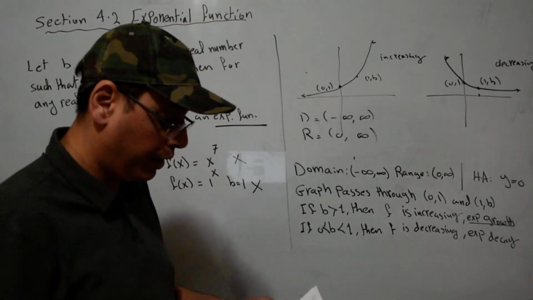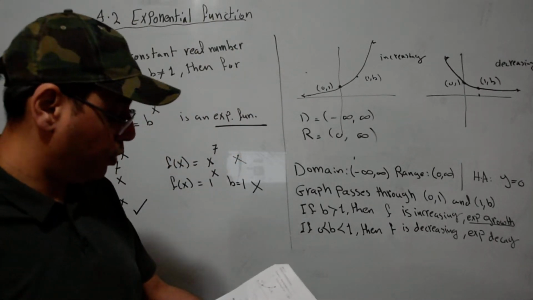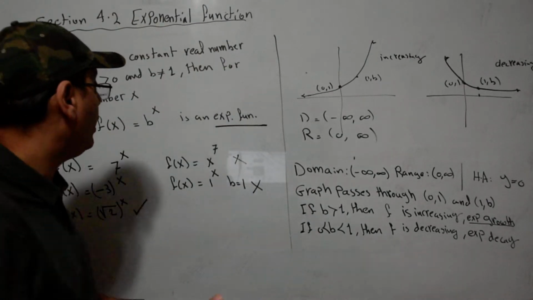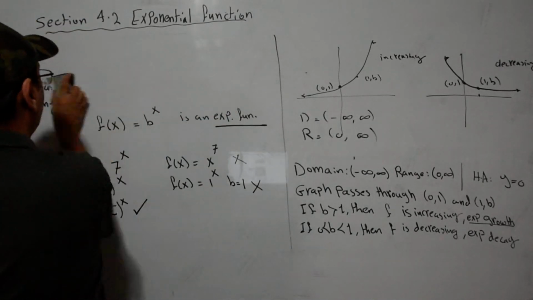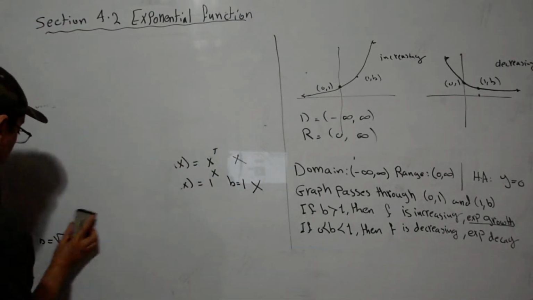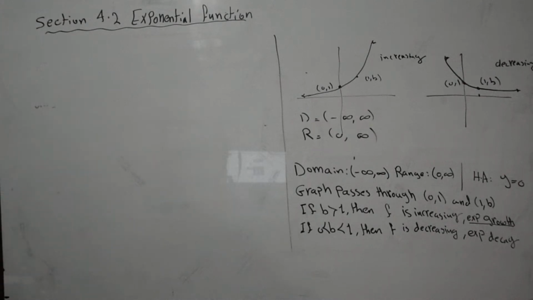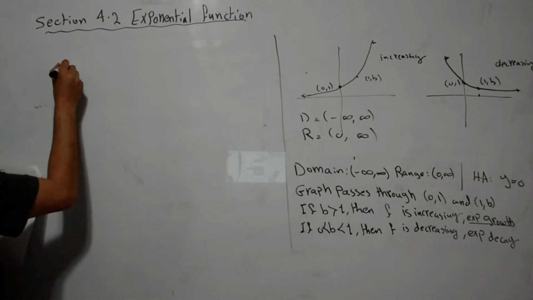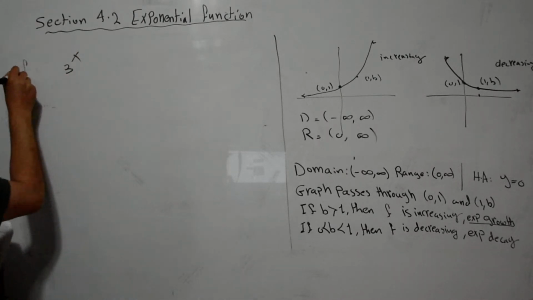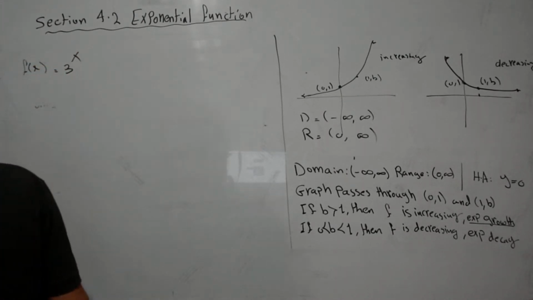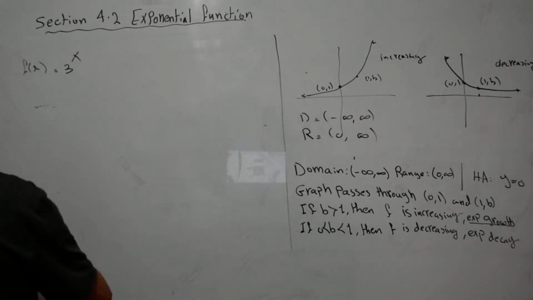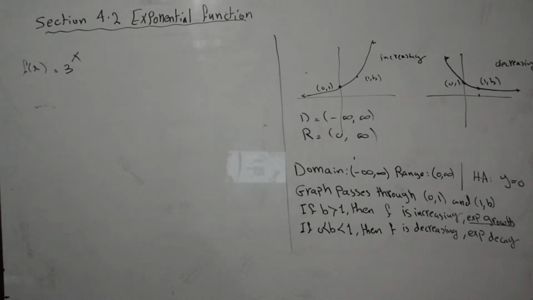I hope that this is clear so far. We're going to graph 4 more functions, and we see how it goes. All right, the first function we are going to graph is f of x equals 3 to the x. What is the value of b here?